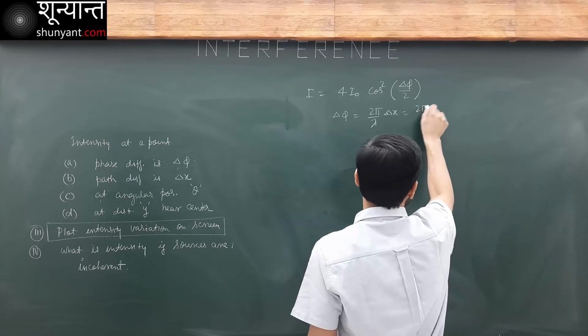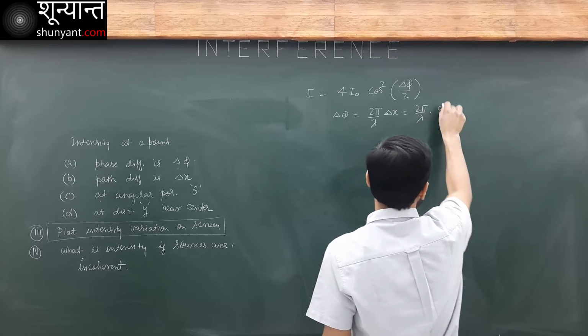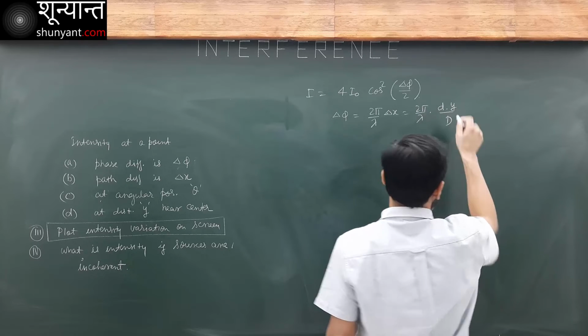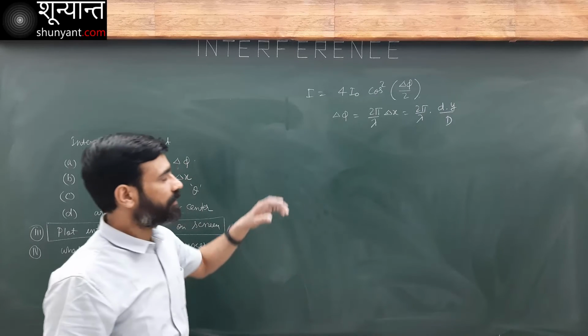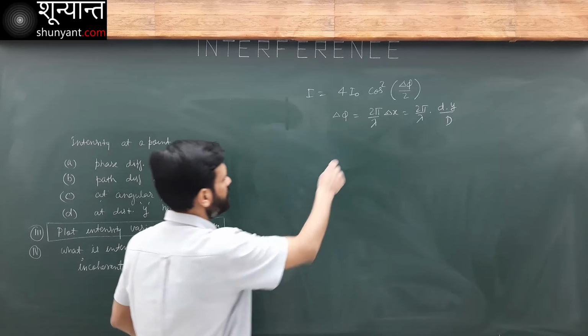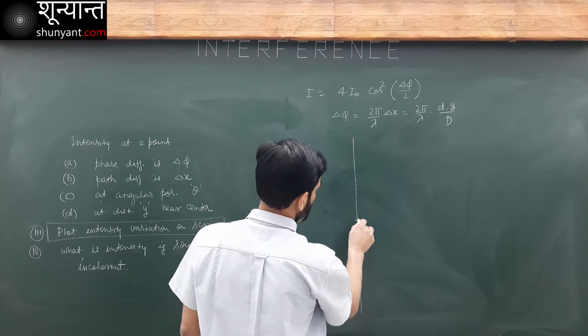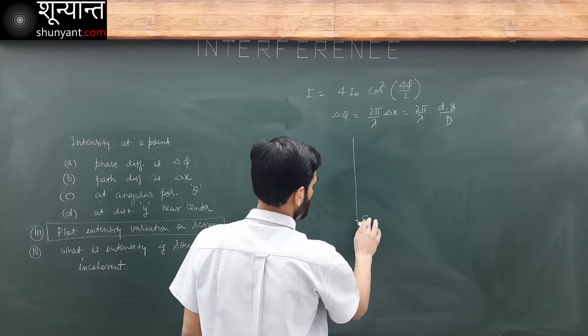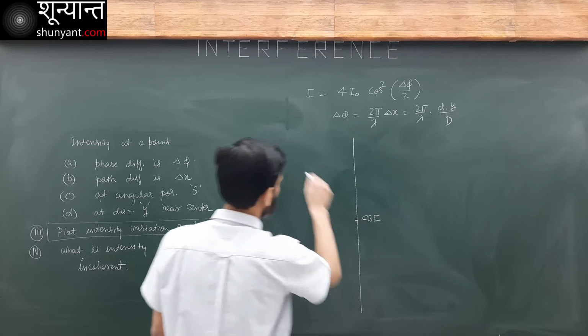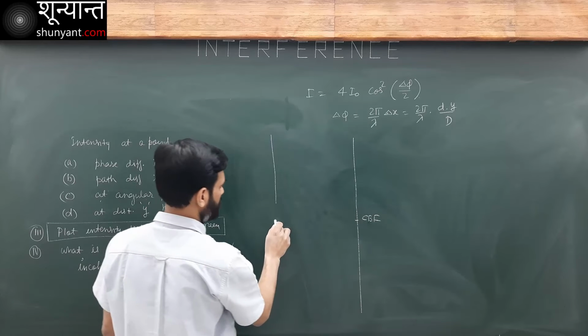It is 2 pi over lambda into d into y over D. If I want to write it in terms of linear distance, you see, this is my central bright fringe.